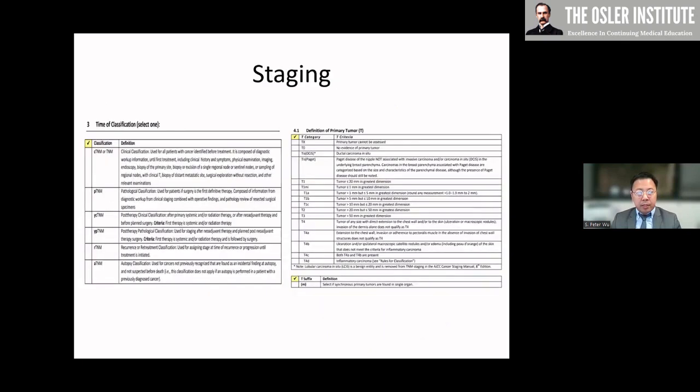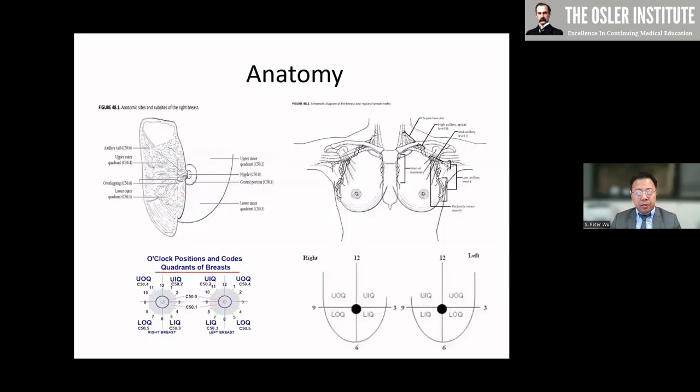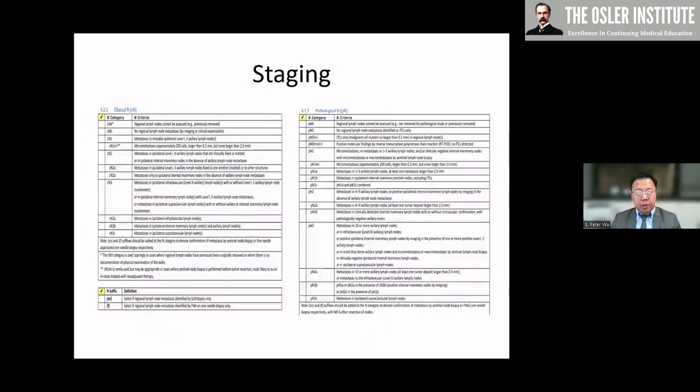There are several updates to breast cancer since AJCC 8. It's probably well familiar to you at this point, so I'll gloss over this. But this is incredibly important for breast cancer.